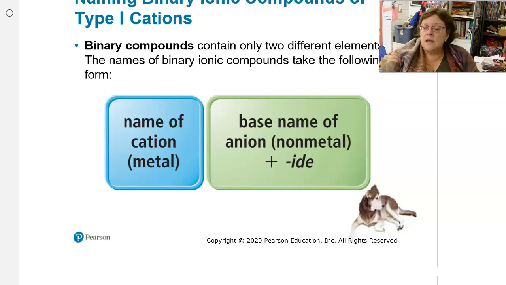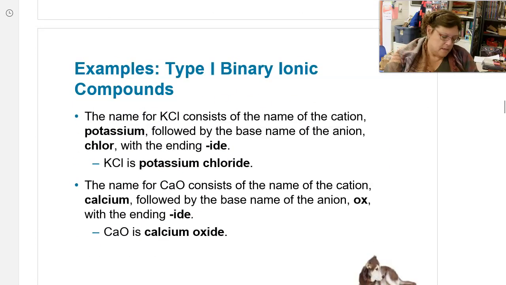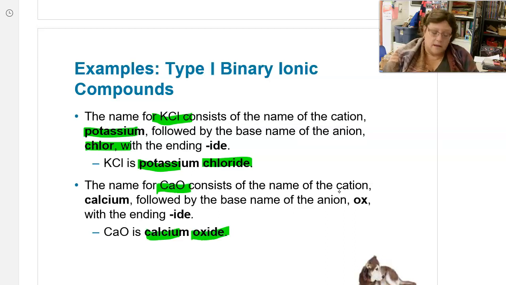And then you take the name of your anion and you add "ide" on the end. KCl is potassium, followed by the base name of the anion, chlor, with the ending "ide." CaO is calcium oxide.